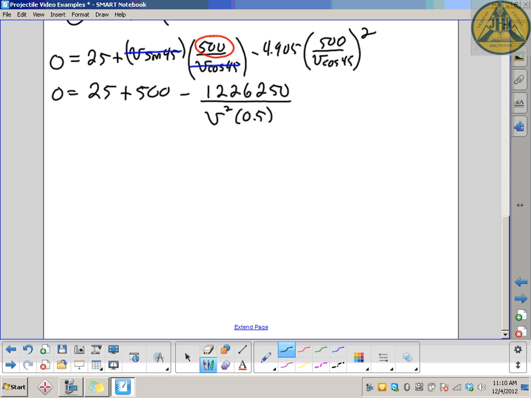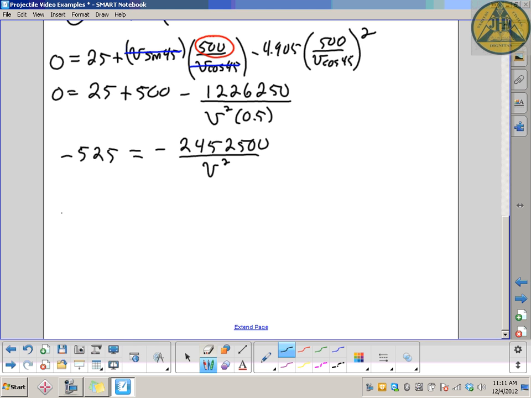A little more simplifying: bring the numbers without the v's to the left. Negative 525, added them together, equals negative 2,452,500 over v squared. I got the numerator by dividing by that 0.5 in the previous step.